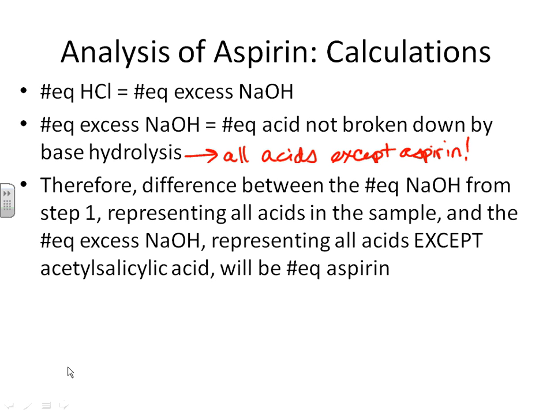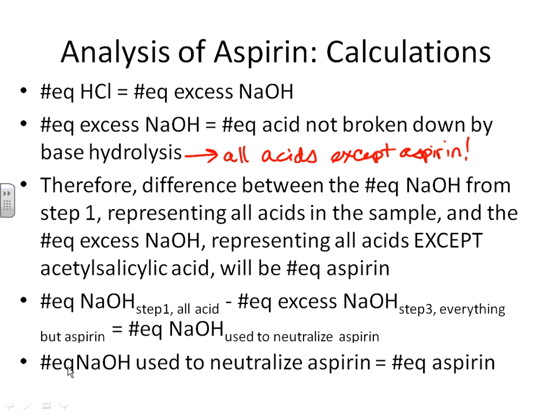So therefore, the difference between the total number of equivalents of NaOH from the first step and the number of equivalents of excess NaOH from this part will give us how many equivalents of acetylsalicylic acid we have. All you need to do is subtract the two numbers. You find the number of equivalents of NaOH from the first step, which represents all acid.